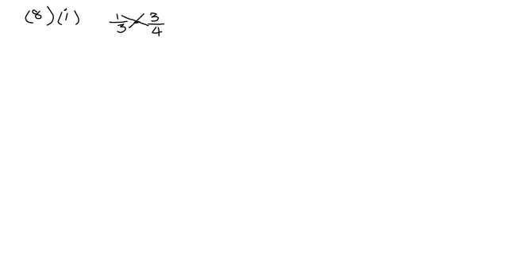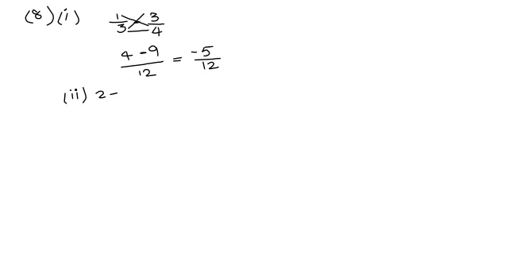Minus into minus is plus. 32 1s are 32, so you can write 32 by 13 1s are 13. Now 6 plus 2 is 8, 3 plus 2 is 5, so 58 by 13 is the answer for that.